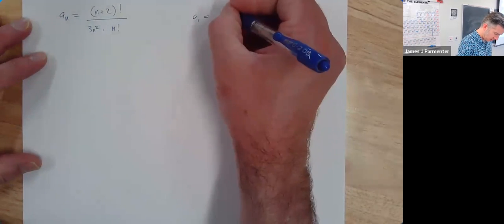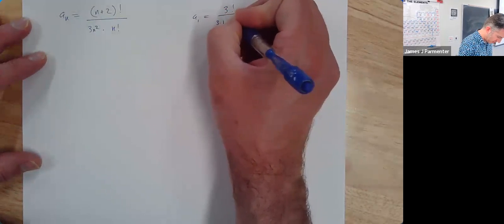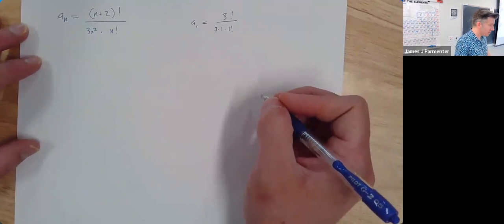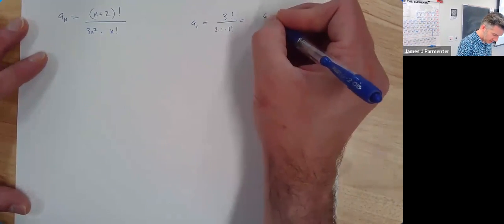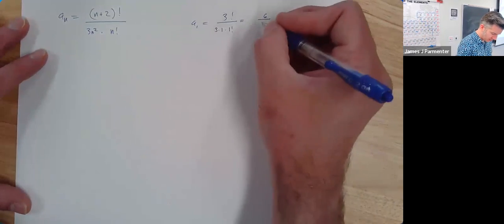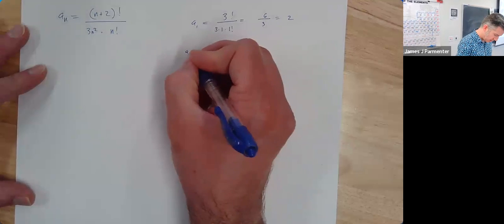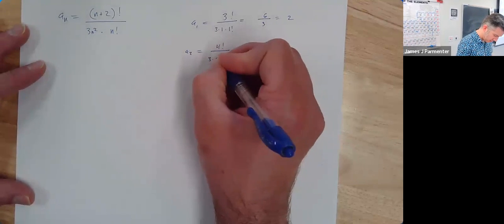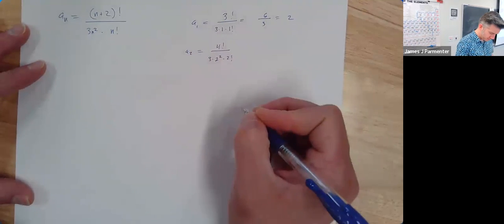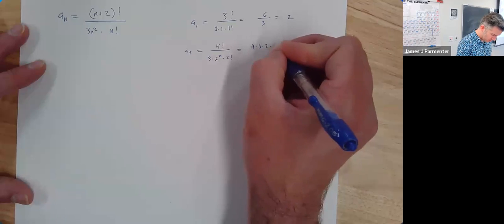A1 is going to be 3 factorial over 3 times 1 factorial. 1 factorial is just 1. 3 factorial is just 6. I'm simplifying here just to show things. So I get 6 over 3, which is 2. A2 is going to be 4 factorial over 3 times 2 squared times 2 factorial. 4 factorial is 4 times 3 times 2 times 1.